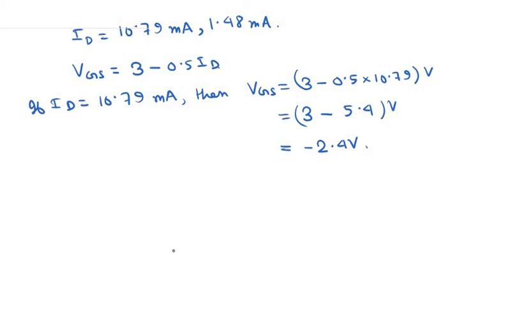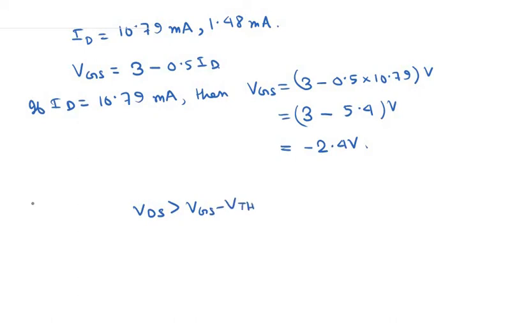So now let us check if the condition of saturation is valid. To check it, we have to calculate the value of VDS. The condition for saturation is VDS greater than VGS minus VTH.